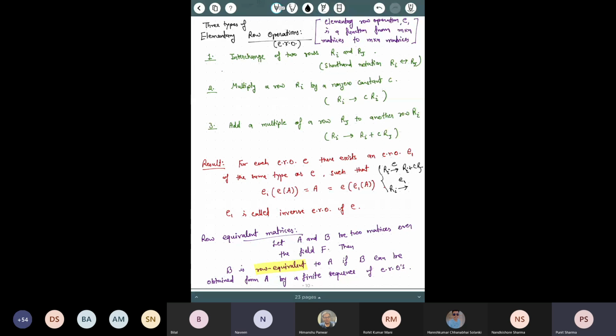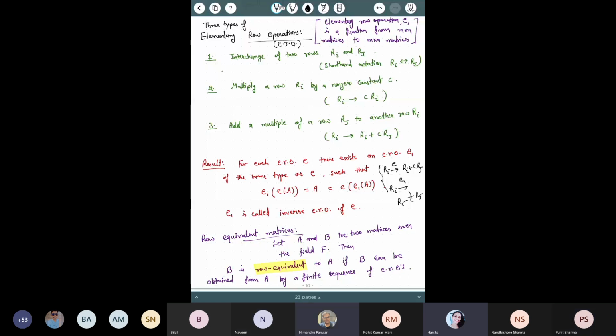Ri minus CRj. Are you sure? CRj, or 1 by CRj? 1 by C. Yes, CRj.